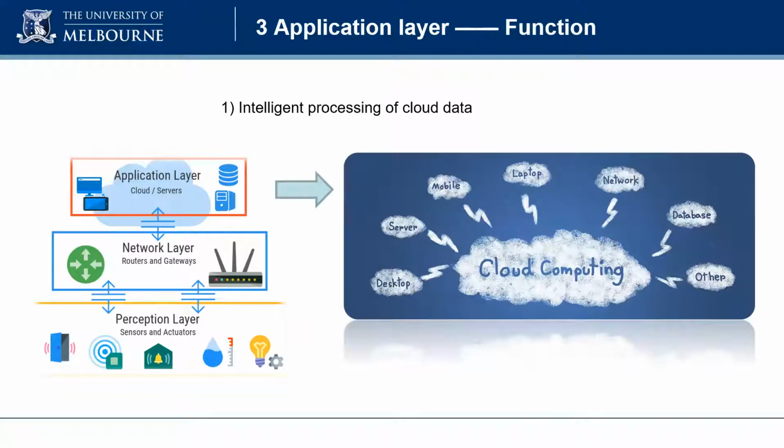Well, actually, the application layer is the ultimate goal of IoT development, and the main work of the layer can be summarized into two parts. First, the intelligent processing of cloud data. The cloud service will provide intelligent processing of the data received from the transmission layer, which means it will clean up amounts of distributed information and then extract the data with high information value.